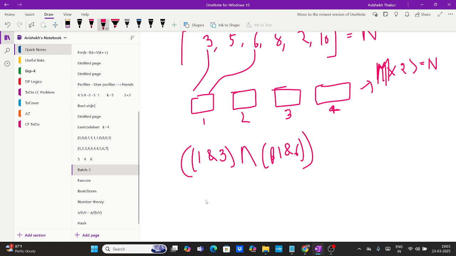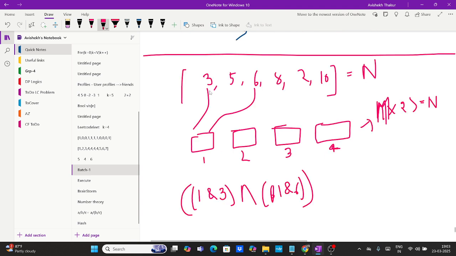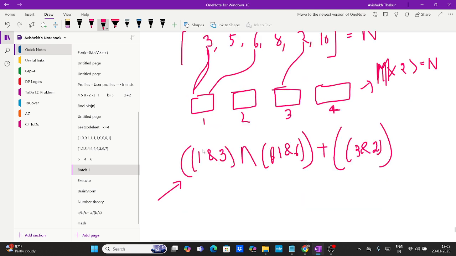Since you place 3 here and 6 here, it is 1 AND 3 or 1 AND 6. Let's say if you are keeping 2 here, so the answer will be how much? Slot 3 AND 2. So what you need to do is keep all the numbers in some slots, and find the maximum value of this expression.